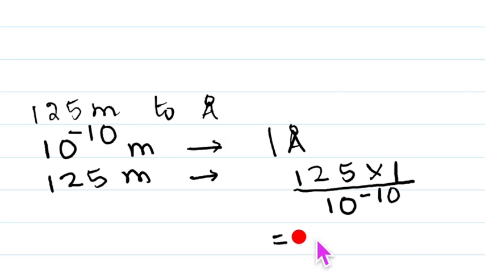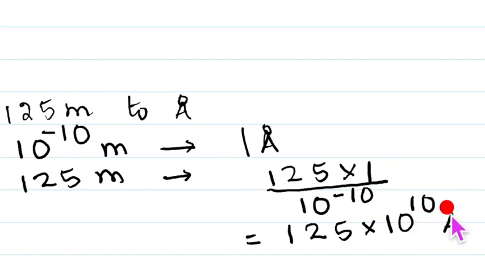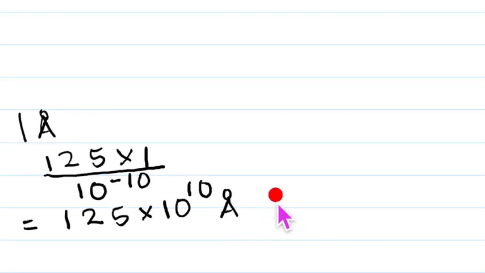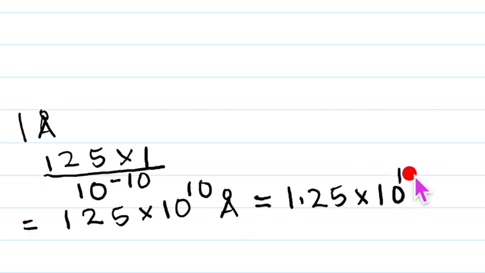And that would give us 125 into 10 to the power 10 angstrom units. And if we still would like to convert this into standard form, 1.25 into 10 to the power 10 angstrom. Now remember, this 1.25 has come from 125.